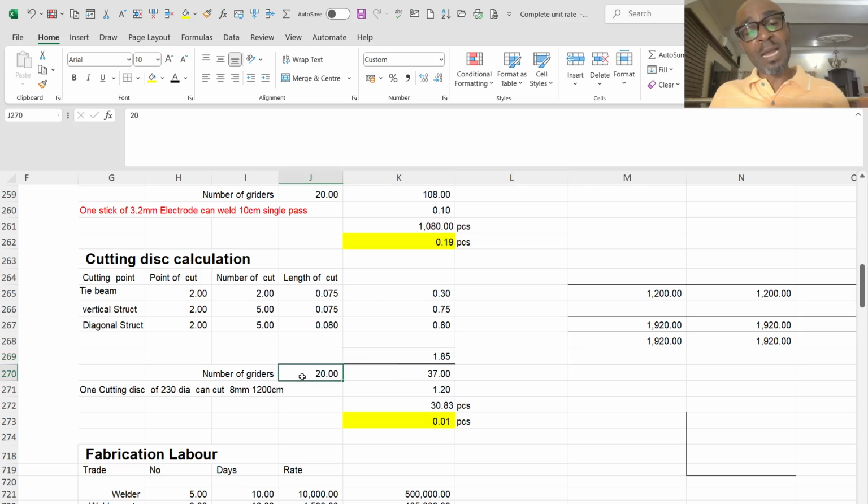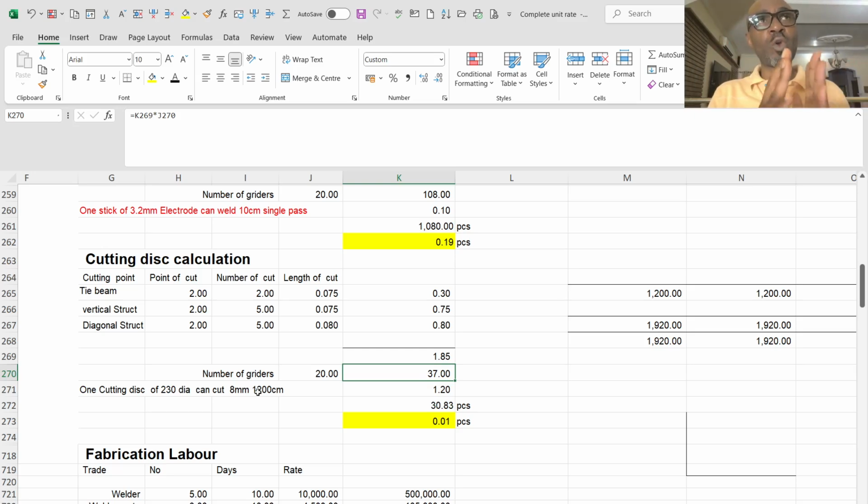If you multiply it by 20 girders, you're having 37 meters total cut I'm going to do to make my girder. Then a cutting disc of 230 diameter can cut 8 mm thick plates.